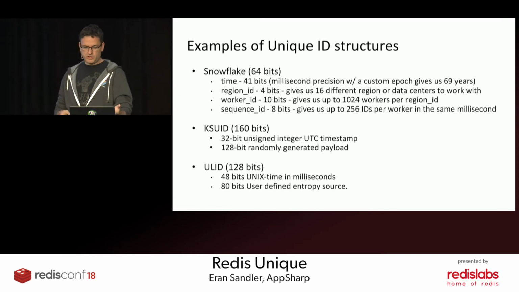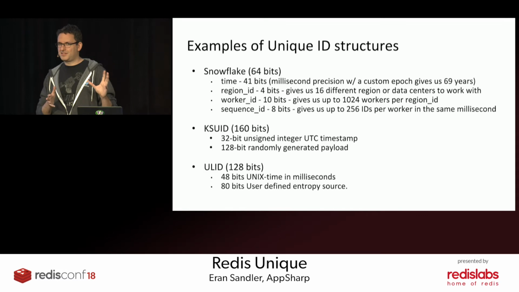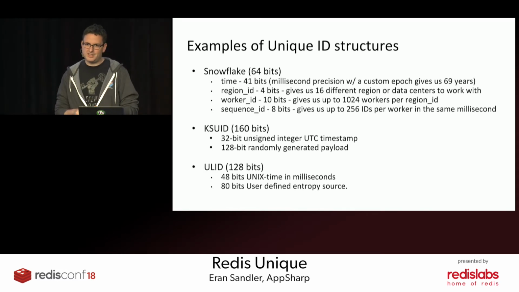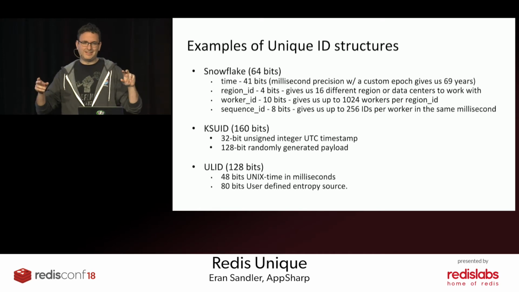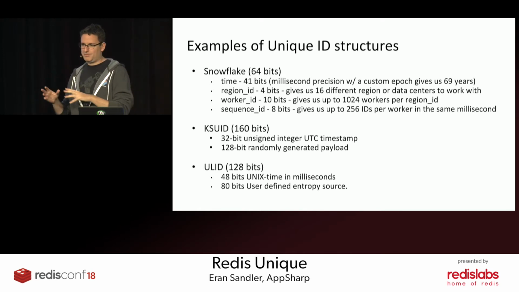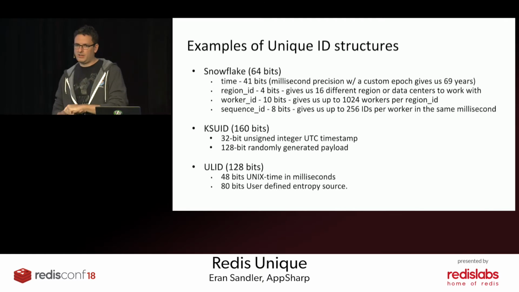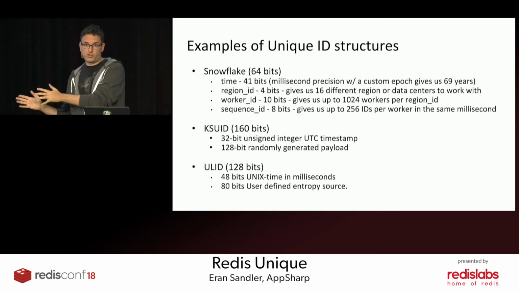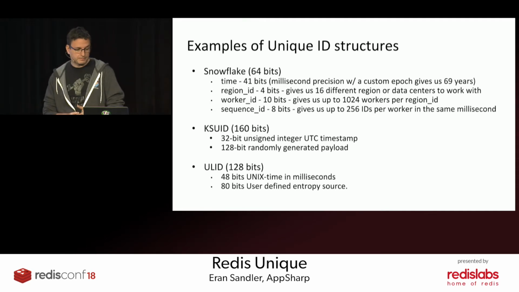They have region and worker IDs, which is the semi-coordinated part, because if you deploy different services to generate these IDs, you want them to have slightly different versions. So say you have two services, one in the US and one in the EU, in Europe, then you'll have different region IDs for each one. And for each worker that generates these IDs, you'll have a different worker ID.